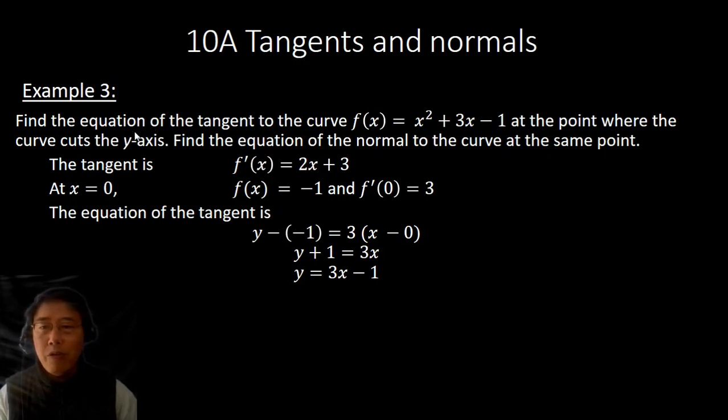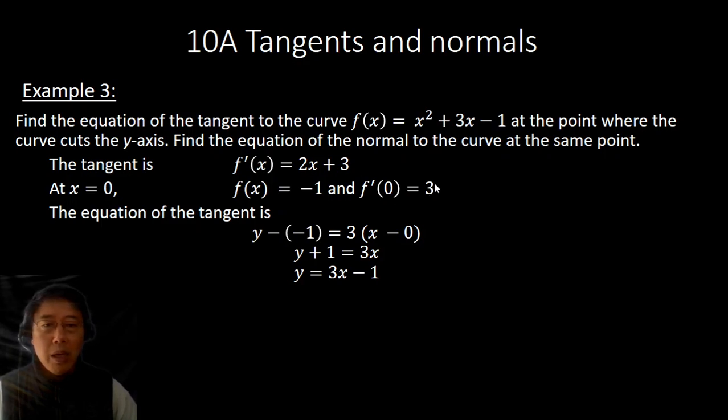Now we go back to the first sentence. To find the actual point at which you want to determine the tangent and the normal, it's when you cut the y-axis, which means it's the definition of your y-intercept. You define x equals 0. So you differentiate, you find the gradient of the tangent, which is 3.